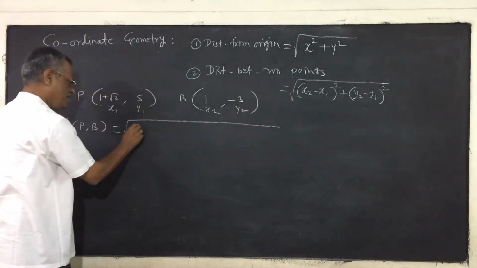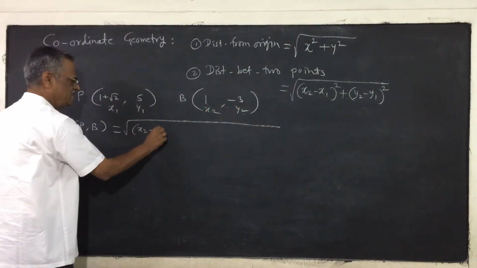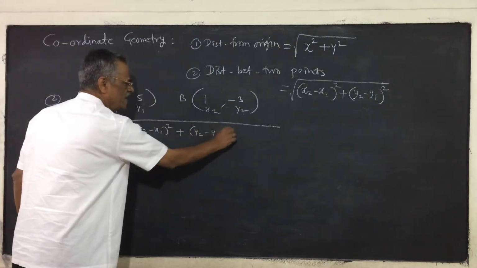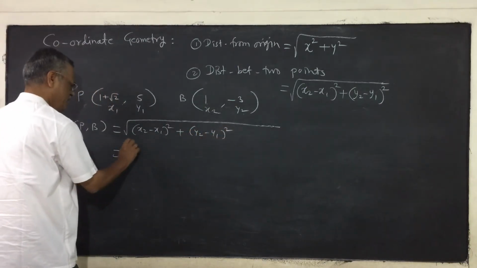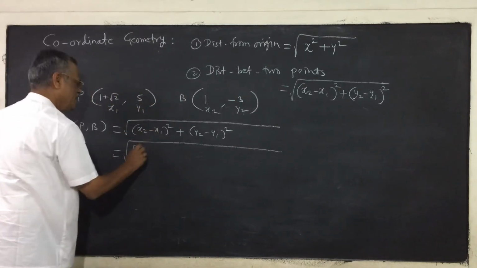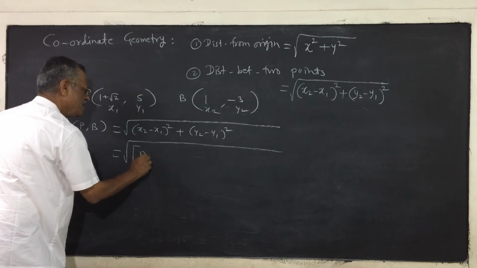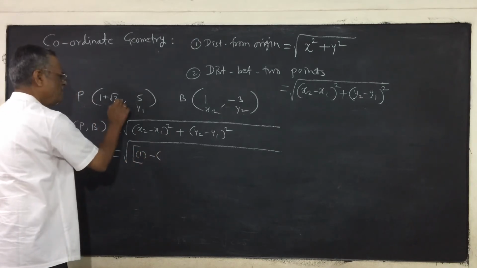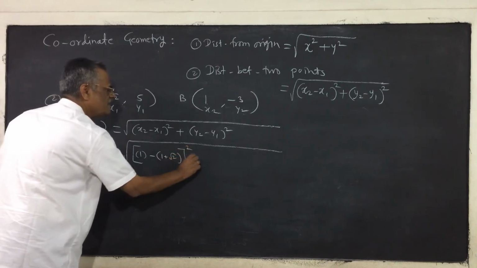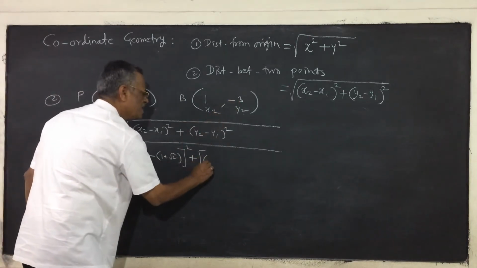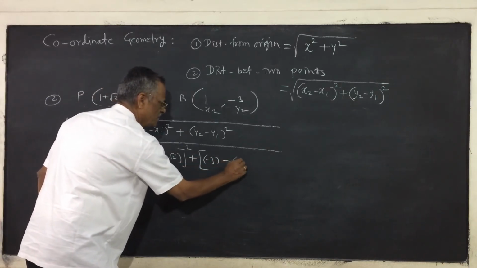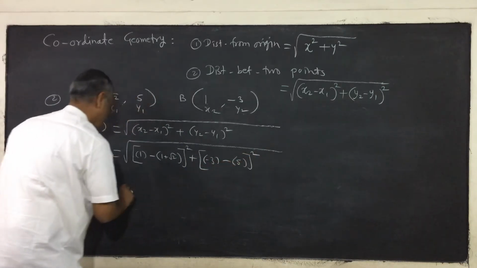Write the formula x2 minus x1 bracket square plus y2 minus y1 bracket square under root. Substitute properly. What is x2 there? It is 1 minus 1 plus root 2, 1 plus root 2 bracket square, plus what is y2 there? Minus 3 minus 5 bracket square.